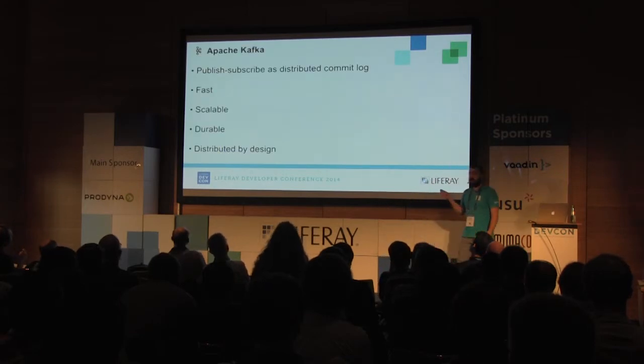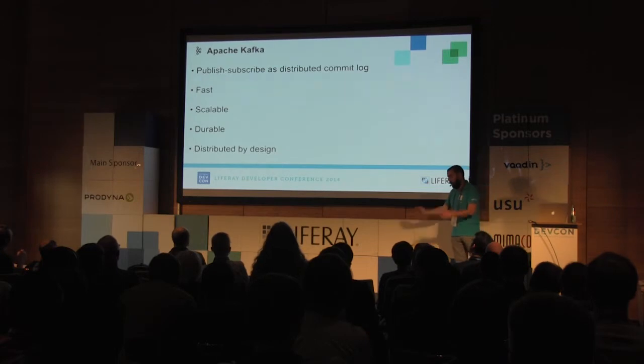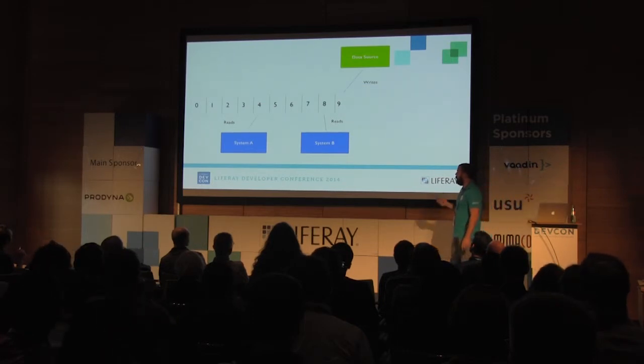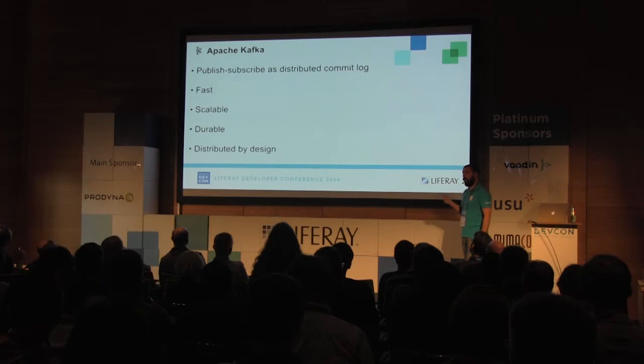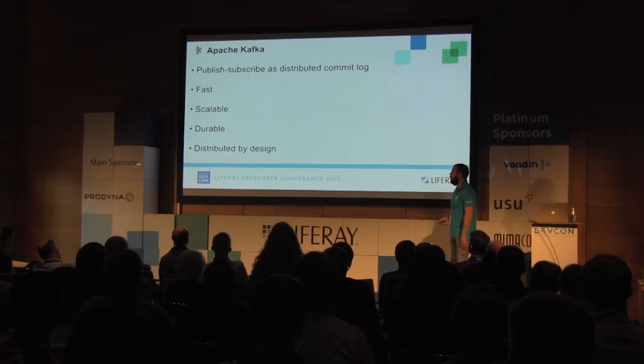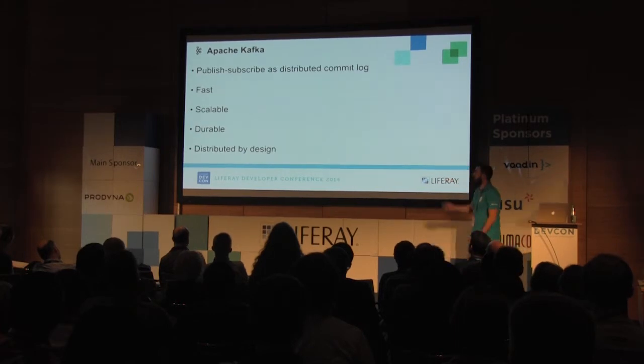Kafka is an implementation of a publish-subscribe mechanism, but based on a commit log. It's a completely redesigned publish-subscribe mechanism. If you are familiar with JMS or maybe RabbitMQ or something like this, they followed a completely different approach. It's open source. It was born at LinkedIn, but it became open source in the Apache Foundation.